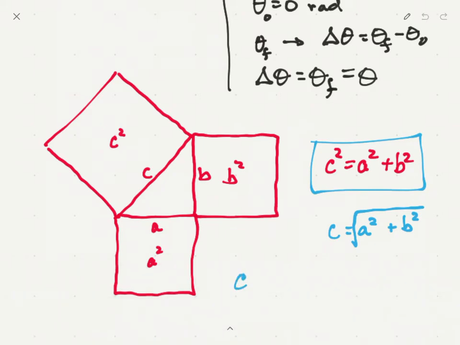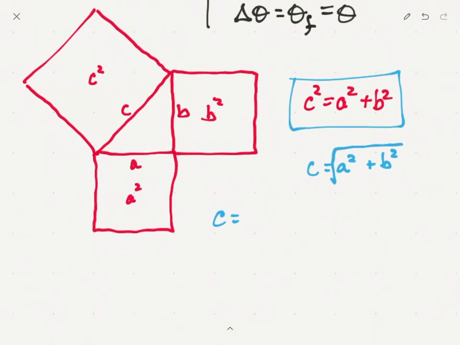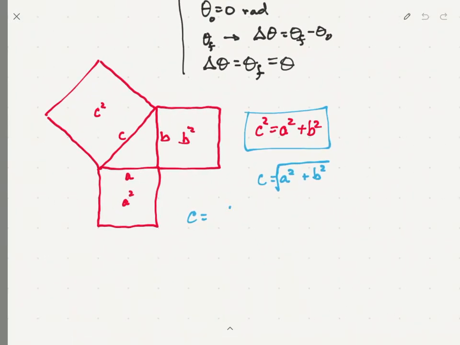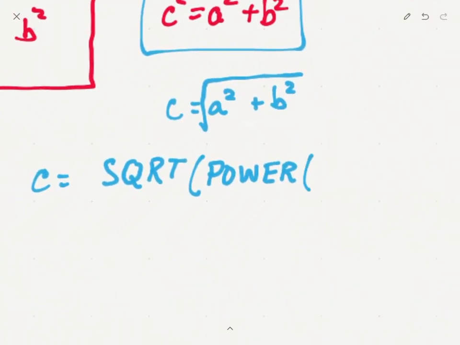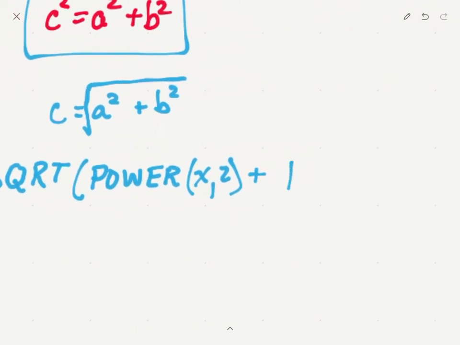So we could also say that in general, c is just going to be SQRT, POWER of x to the second, plus power of y to the second.